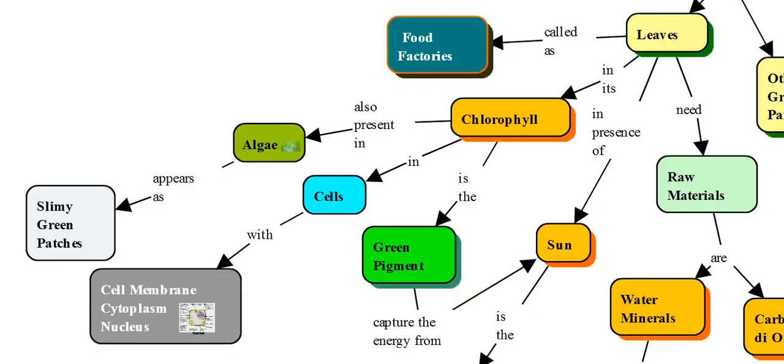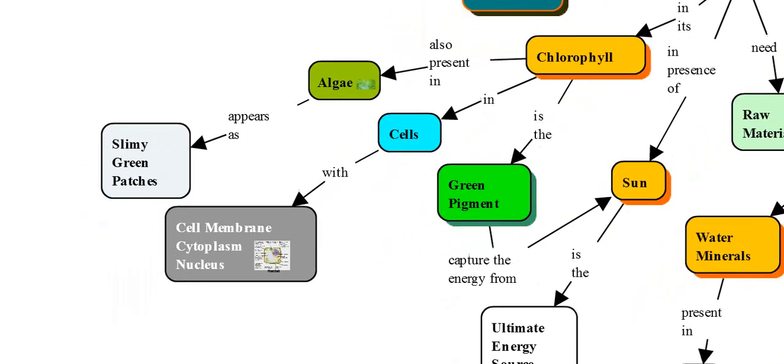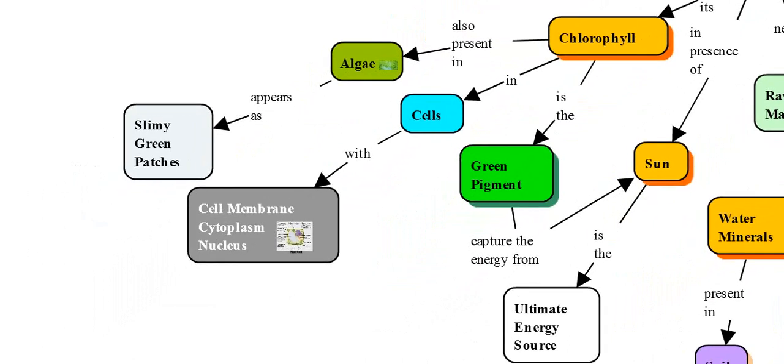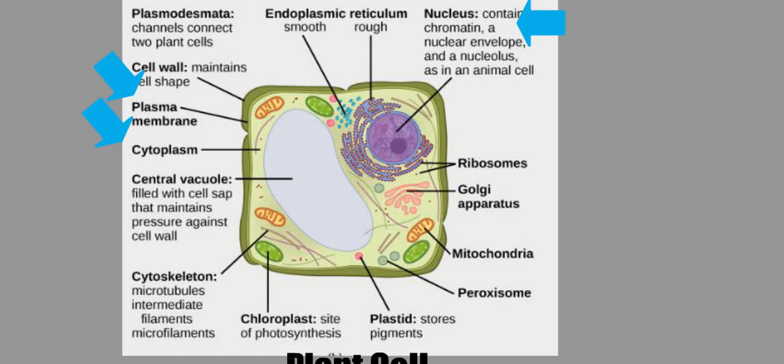Chlorophyll is present in plant cells, which have a cell membrane, cytoplasm, and nucleus. This is a plant cell. Here, the blue marks indicate the plasma membrane and cytoplasm, and the nucleus, which is in a ball-like shape, is in purple color. In the cytoplasm, a green organelle in the plant cell is called a chloroplast.